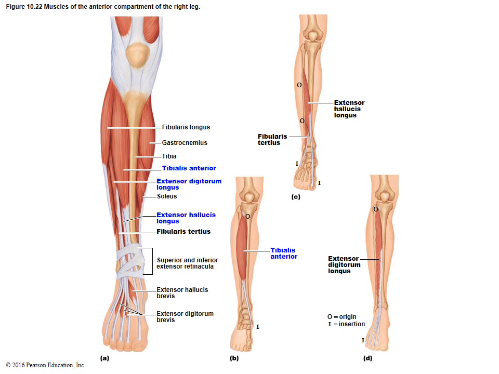Then we have our extensor hallucis longus. That one's going to allow us to extend the big toe and the ankle. And our extensor digitorum longus, that one's going to help us extend the toes and the ankle. Now, I was just basically trying to highlight for you that it's very similar to the arm region and the hand.